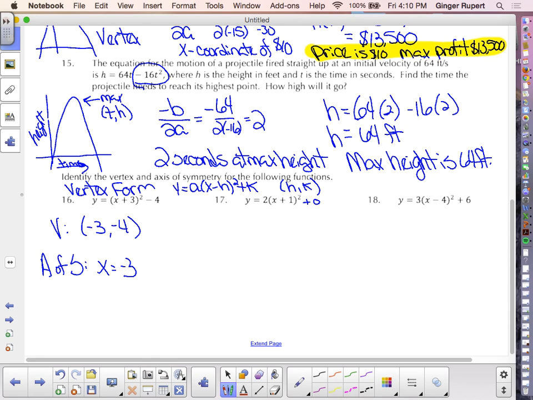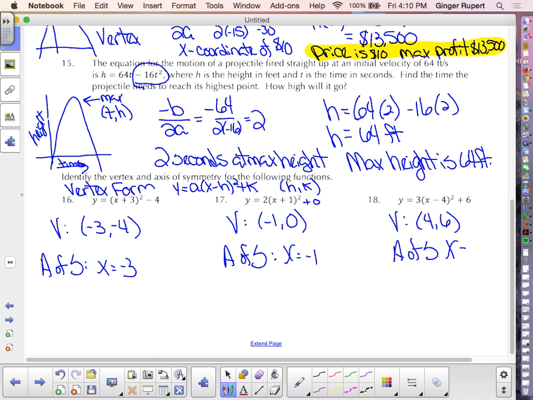You could put a 0 there if it helps you think about it. The vertex will be at minus 1, 0. The axis of symmetry will be at x is equal to negative 1. Number 18, I have a vertex at 4, 6, and an axis of symmetry at x is equal to 4.